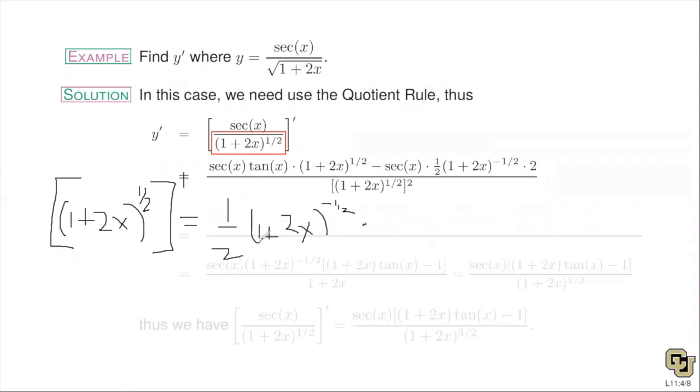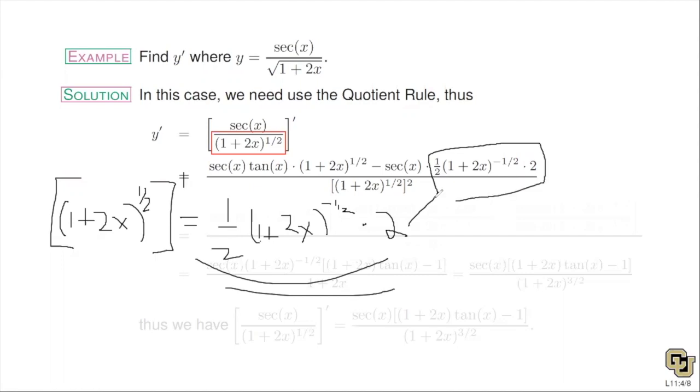That's the derivative of blah to the 1/2. I still need to do the derivative of the inside. The derivative of 1 plus 2x is 0 plus 2, or just 2. So that's where this expression here is the derivative of the denominator with a chain rule.